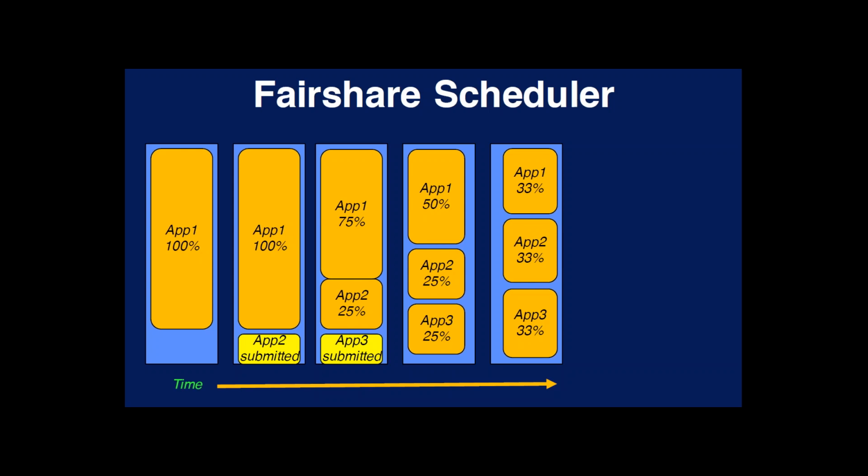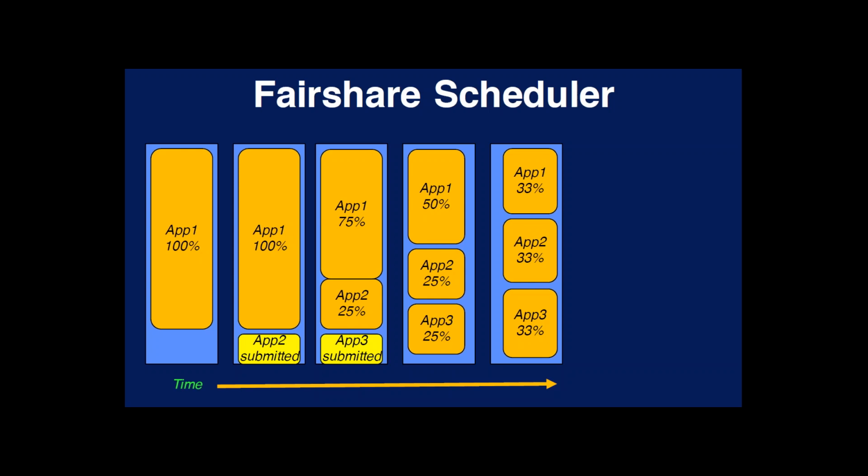So before app 2 got submitted, all the 100% is with app 1. Once it is submitted, the share decreased to 75%, and then it decreased to 50%. And in the end it is 33%.